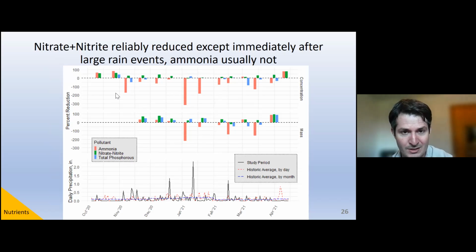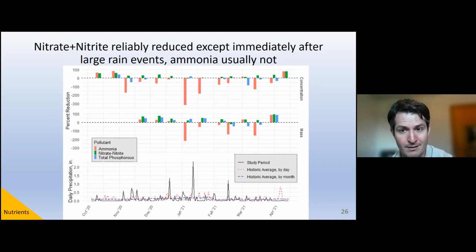But ammonia shows a lot of export. A lot of these negative bars indicate ammonia being exported from the treatment terrace between site 1 and site 3. I think that might again be a consequence of really low ammonia values to begin with, but I don't think it's worth just brushing over.